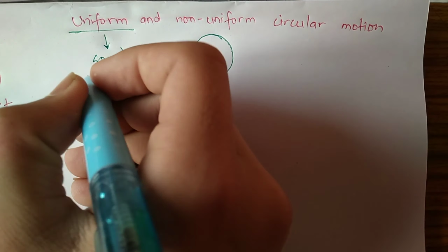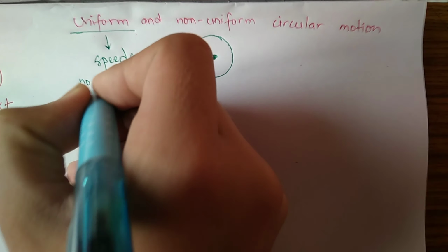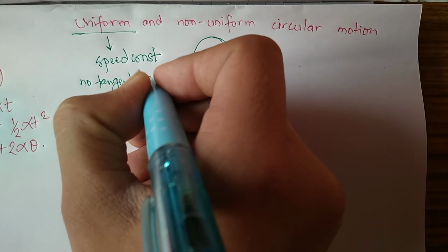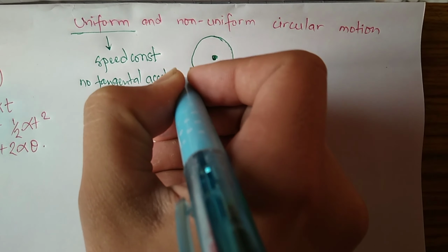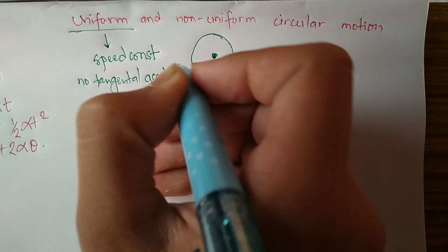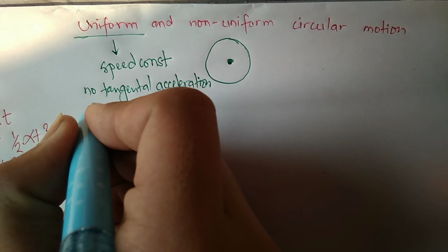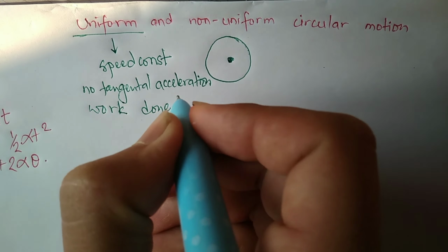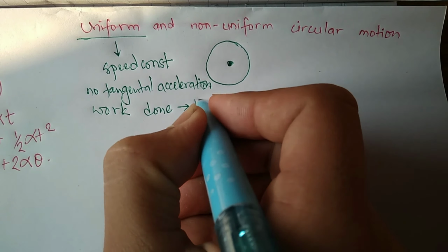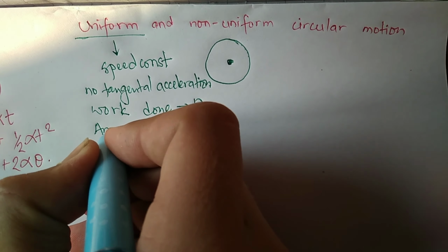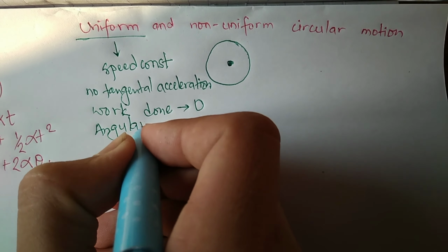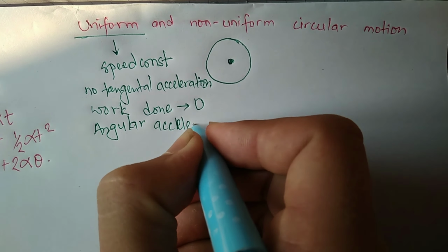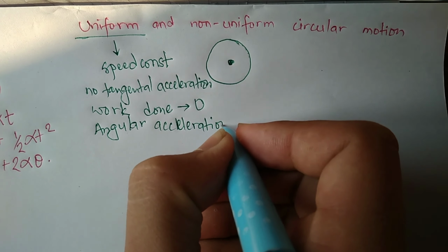In case of uniform circular motion, no tangential acceleration, work done 0, angular acceleration also 0.